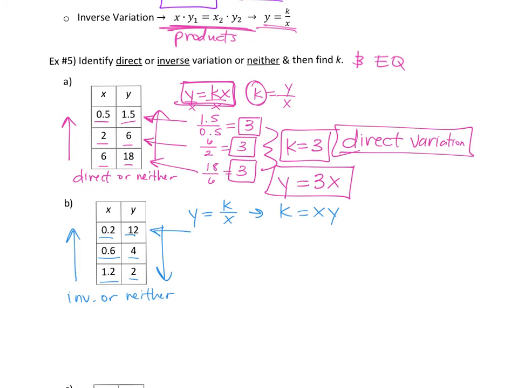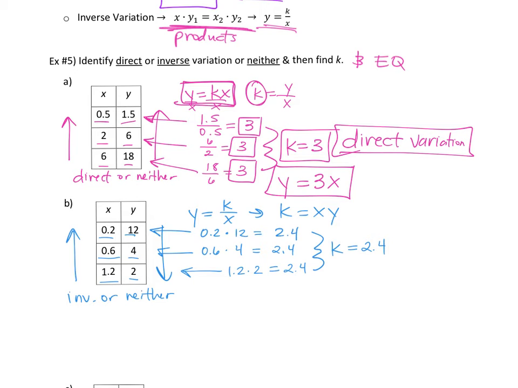Okay, so we're going to do that over here. We're going to take x times y. 0.2 times 12 is 2.4. Okay, now here, 0.6 times 4 is 2.4. And now here, 1.2 times 2 is 2.4. So because those all came out to the same number, my k is 2.4.